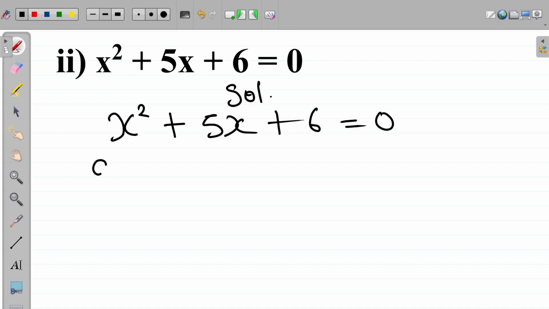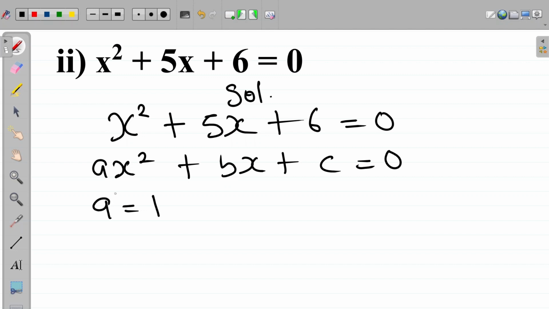Now, if we compare this with our general equation, we obtain that a is equal to 1 because the coefficient of x squared is 1, b is equal to 5 because the coefficient of x is 5, and c is equal to 6.